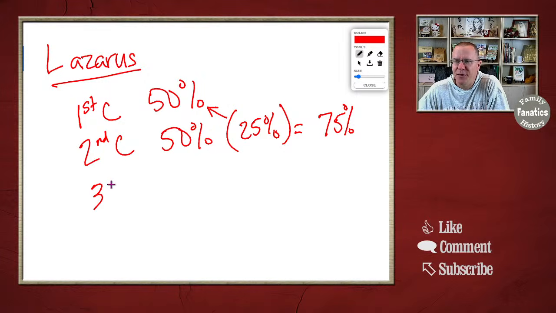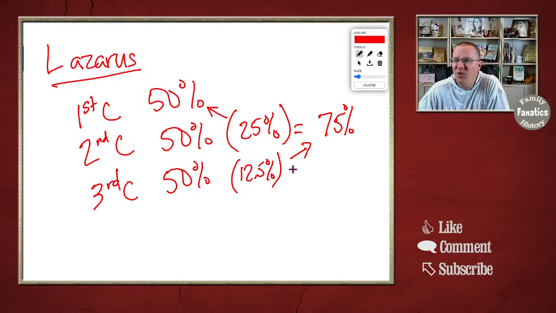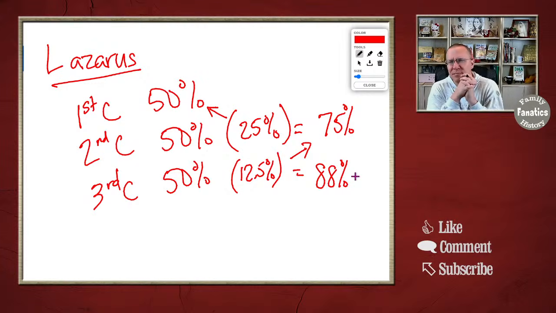And then we add a third child. Well, they add another 50%, but you can probably see this pattern here. It's only about 12.5% of that DNA. So overall, in general, with 3 siblings, you have a total of about 88% of your dad's DNA.